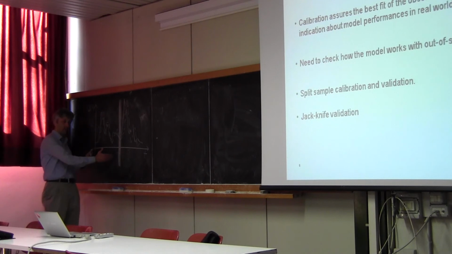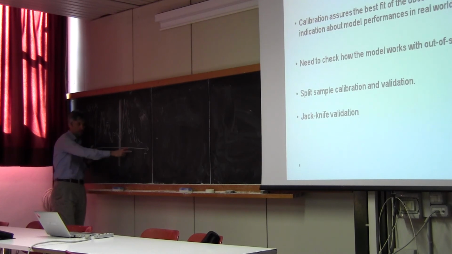Because for the first part in calibration, the model was forced to fit the data. In the second part, the model is not forced to fit the data. It was forced just to fit the first part. In the second part, it is working out of sample. It is extrapolating. So, of course, you can imagine that the performances in the second part must decrease.